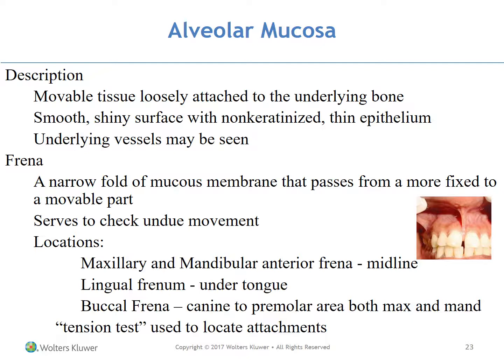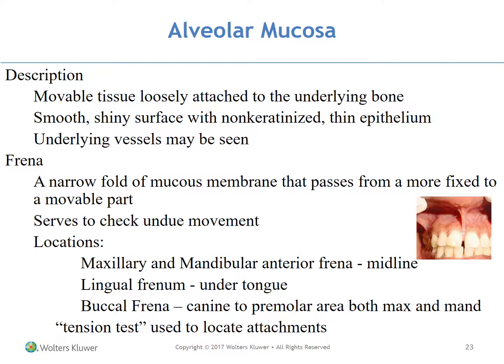Here again, we're talking about our frena, which is a narrow fold of mucous membrane that passes from a more fixed to a more movable part. It serves to check undue movement, so excessive movement. Locations, they're all over the place, but maxillary, mandibular, anterior midline, the lingual, which is under the tongue, and then buccal frena, which can be canine to the premolar area, both maxillary and mandibular.